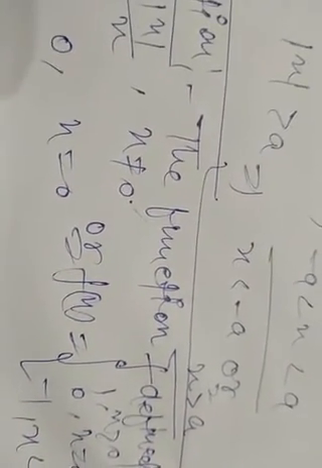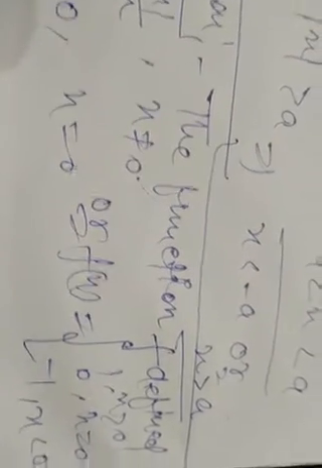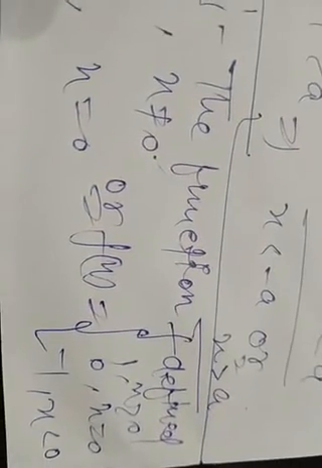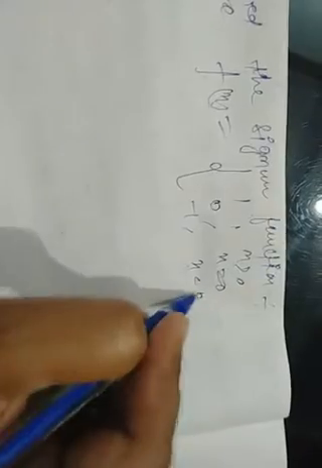Or f of x defined in this way, 1 when x is greater than 0, 0 when x is equal to 0, minus 1 when x is less than 0, is called the signum function.